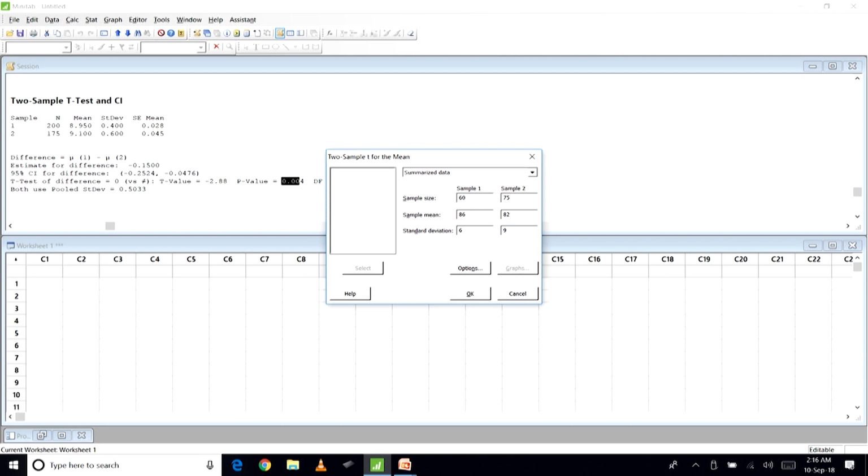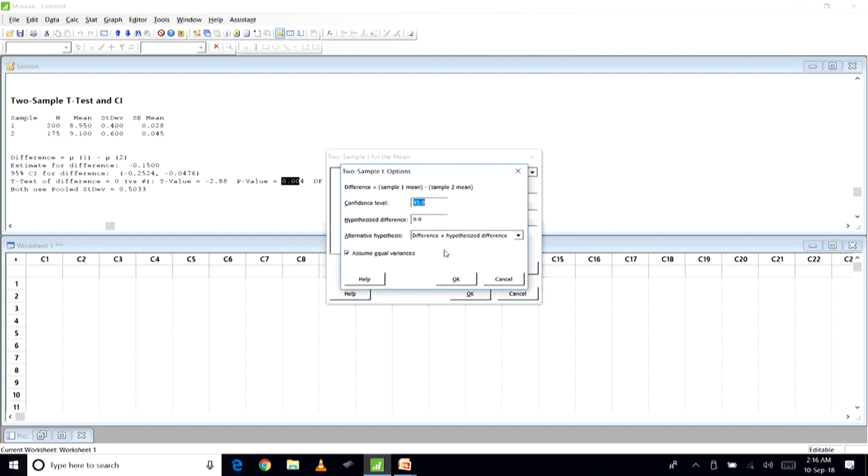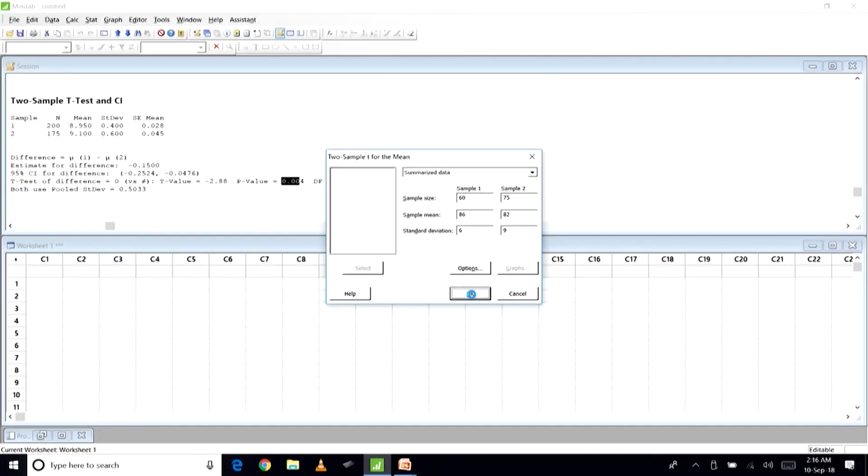Now, you need to click at option. Since our alpha is 0.01, this is at 99. Hypothesized difference is 0 again, and of course, alternative hypothesis is also given as there is no significant difference, and we are assuming equal variances. Let us click at OK and again OK.